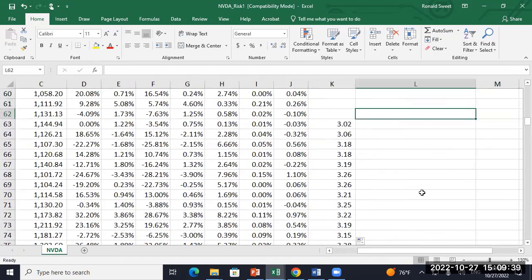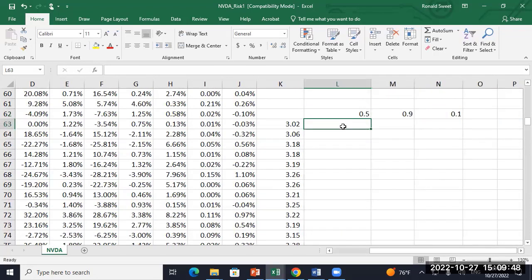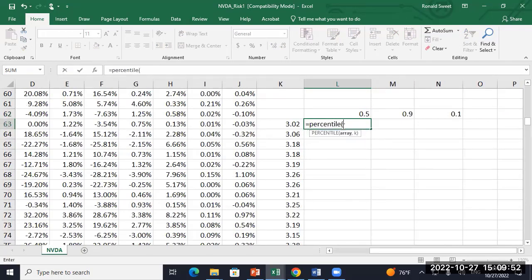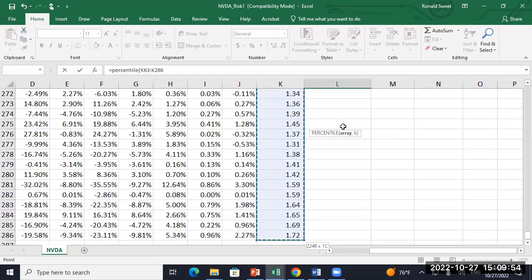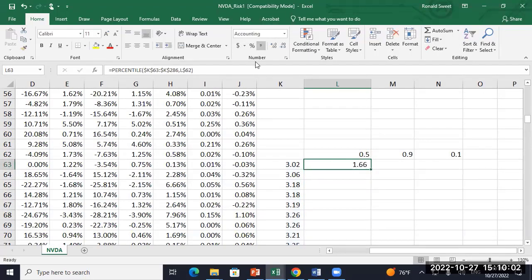I want to look at the median, the 90th percentile, and the 10th percentile. So the median is going to be equal percentile. You can't use the median function, but equal percentile, that whole area at 0.5. So the median is 1.65.